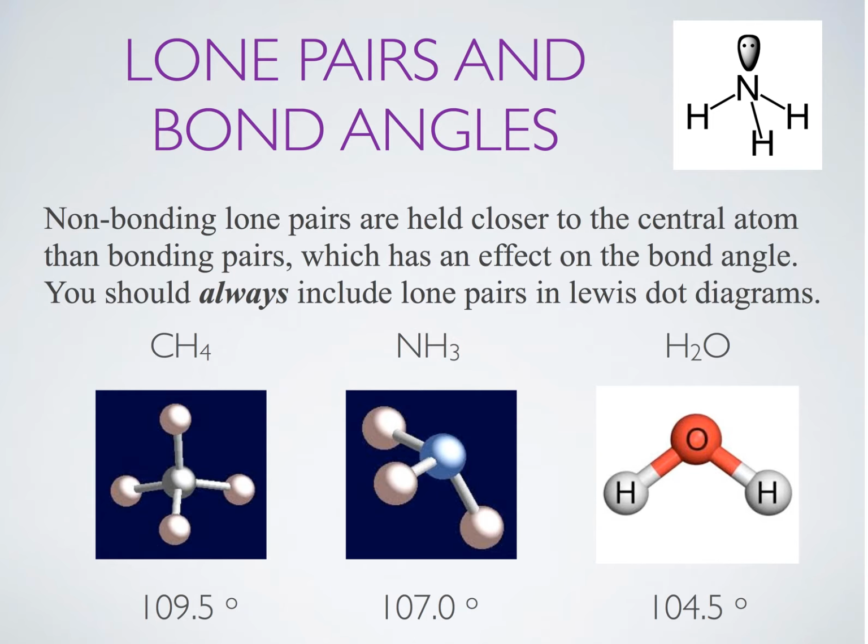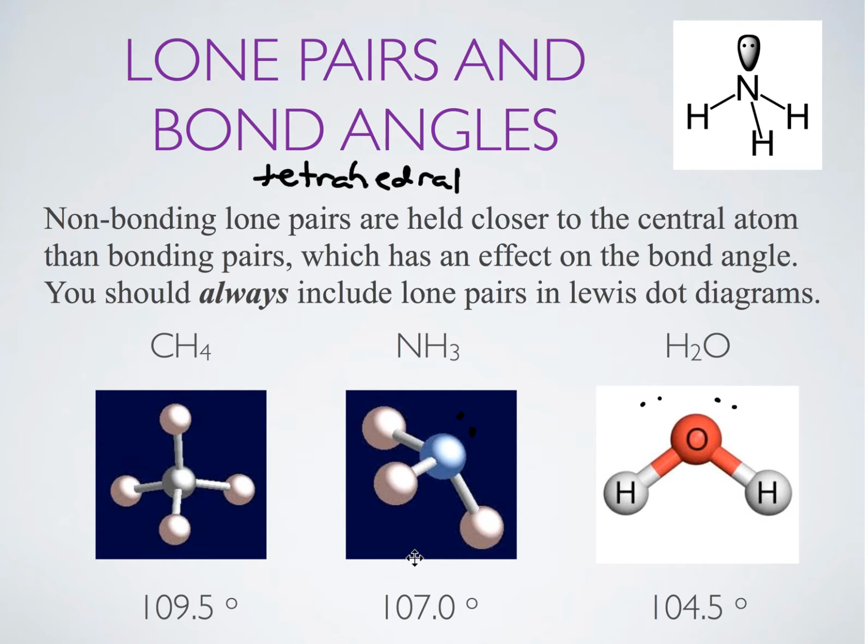All right, the relationship between lone pairs and bond angles. I mentioned before that all three of these compounds are part of the same family. They're part of the tetrahedral family because they have four things around them. So here I have four bonds, three bonds and a lone pair right here, and this one is two bonds and two lone pairs.